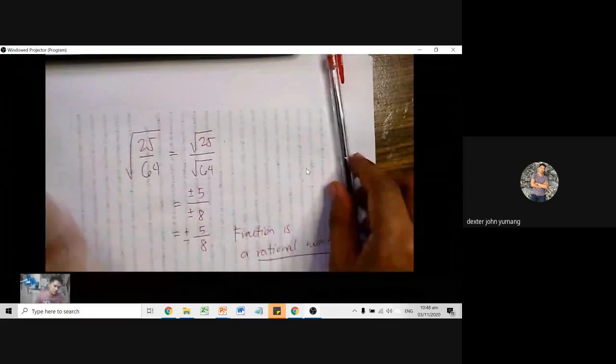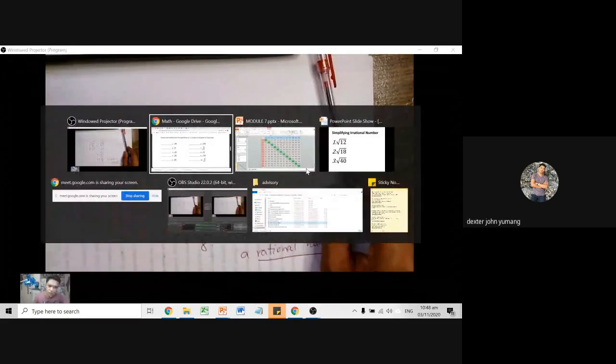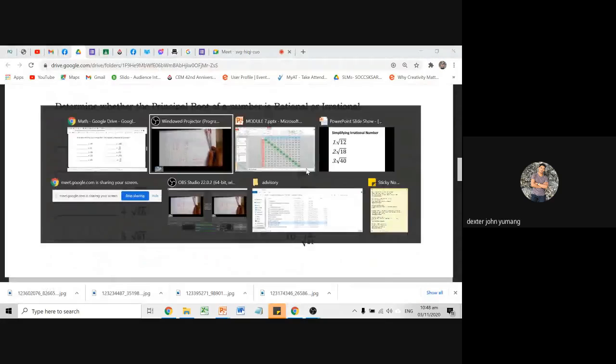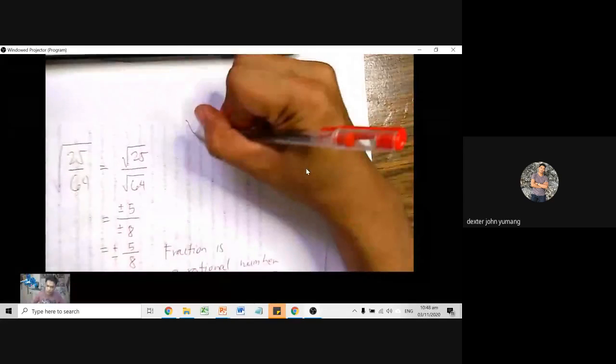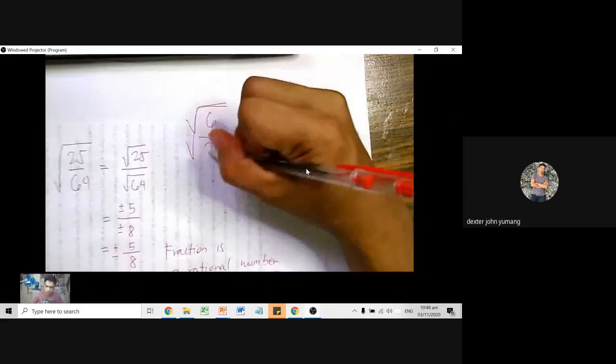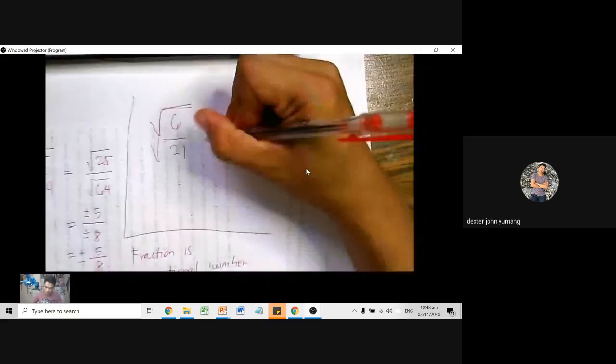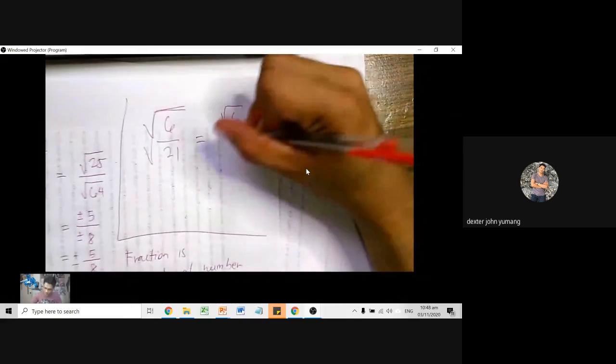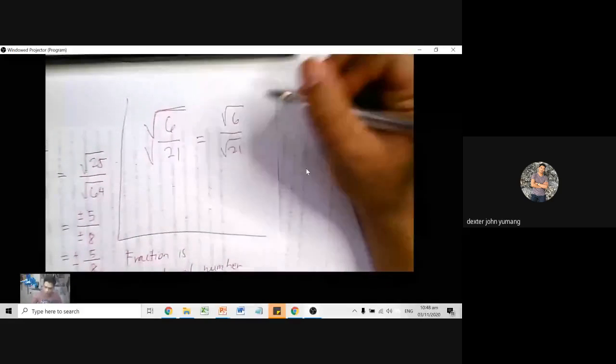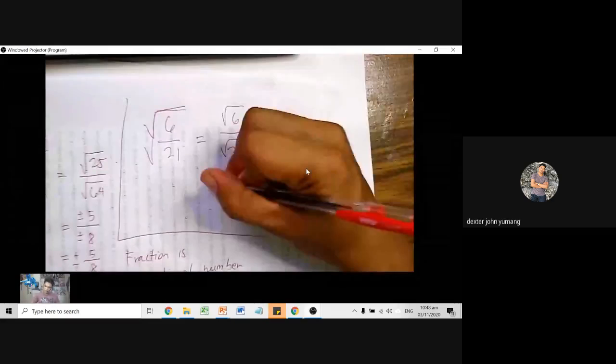So, let's find out. The given is square root of 6 and 21. So, we have square root of 6 and square root of 21. Si square root of 6, wala siyang perfect square.